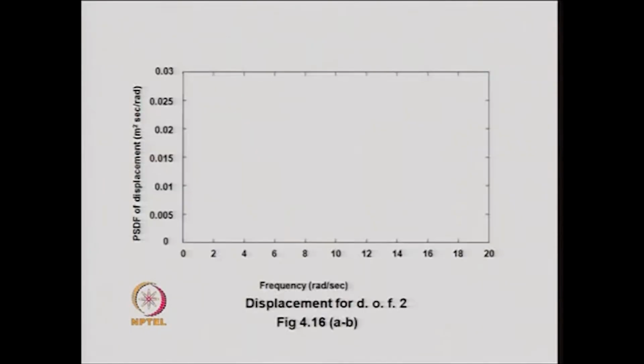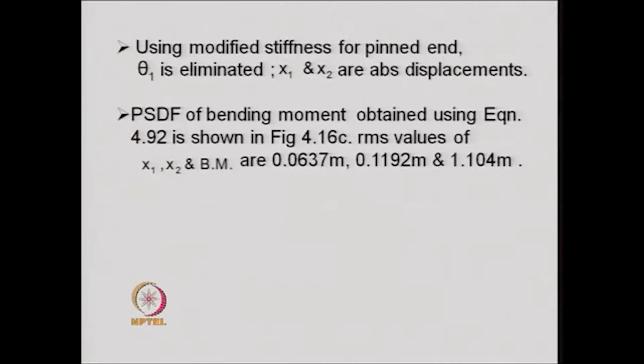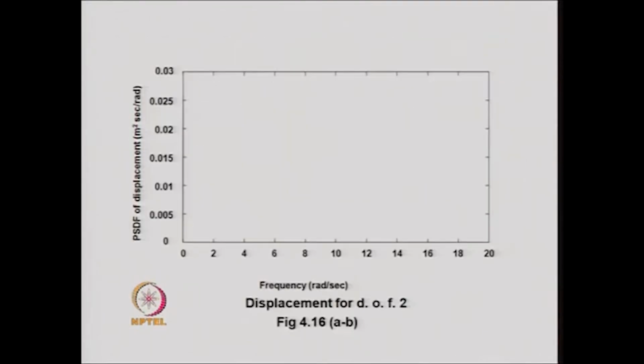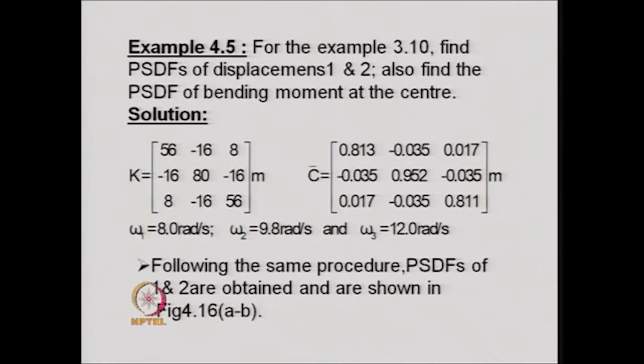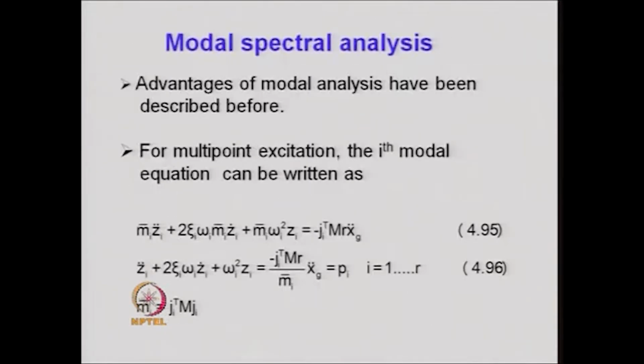So, in these problems, the power spectral density function of the absolute displacements and the bending moment were plotted in these figures, and the RMS values of the displacement and bending moments were obtained for different quantities.